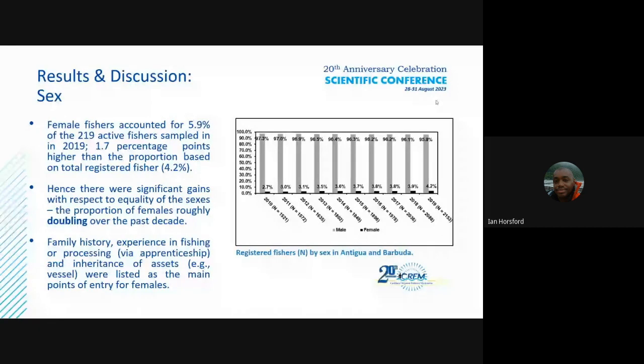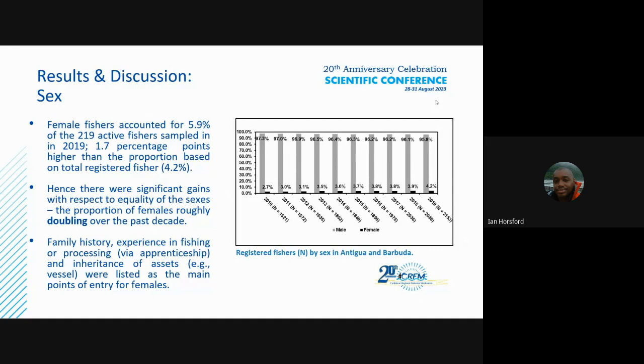So we have had some improvement in that area, but it's still far from where we'd like to be in terms of having female participation in the sector. Follow-up questions with the sampled fishers indicate, for instance, that family history, experience in fishing, and inheritance of an asset were actually the main entry point for females into the sector.